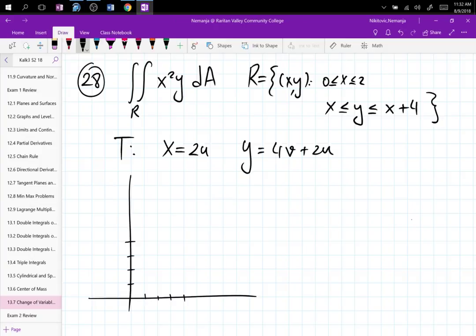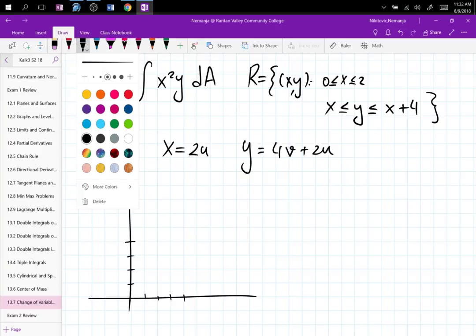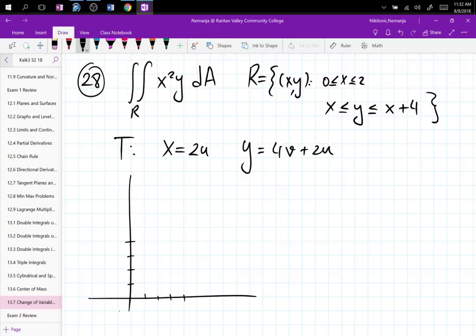That is going to be, and I'm going to use construction lines for this. So I'm going to use a very thin black line over here and draw y equals x going like this forever, and then y equals x plus 4 is a parallel line that goes through 4 on the y-axis, so it's going to look like this. So these are my construction lines for y equals x and y equals x plus 4.